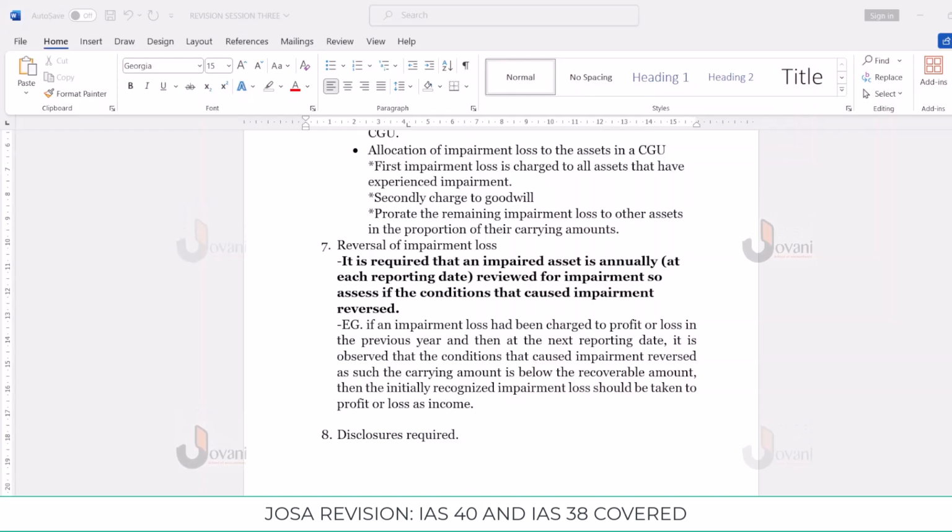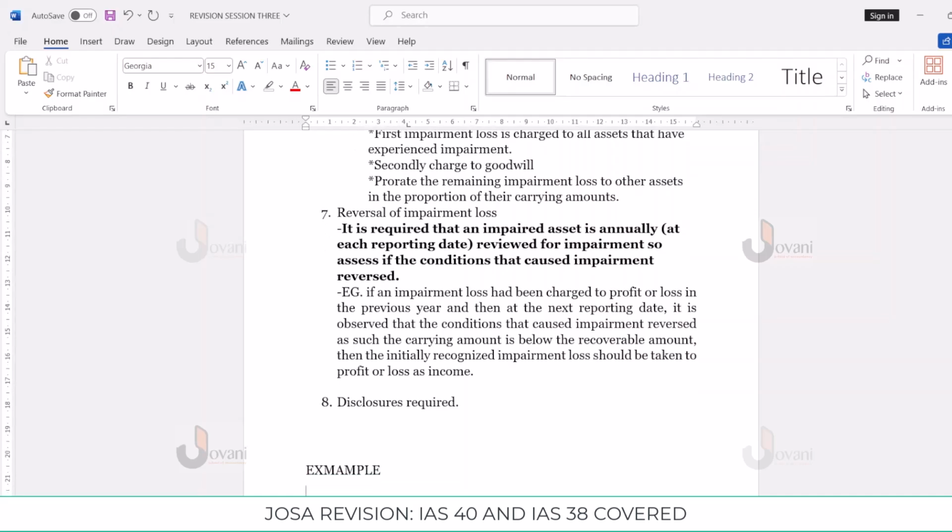Disclosures, as I said, please go ahead and read about them. Let me check for an example here that we can try out.